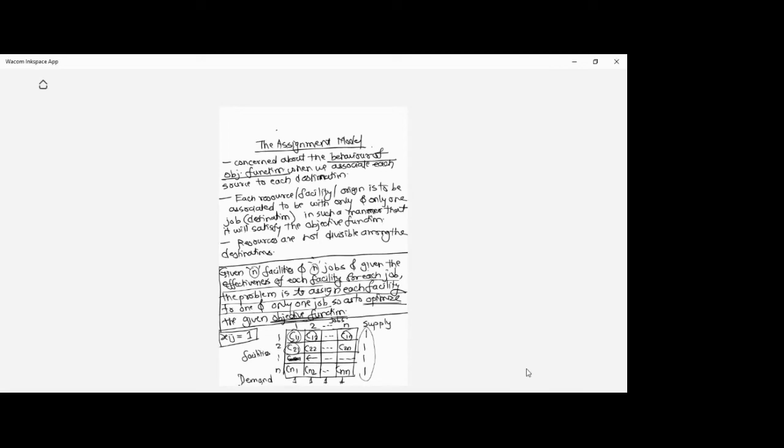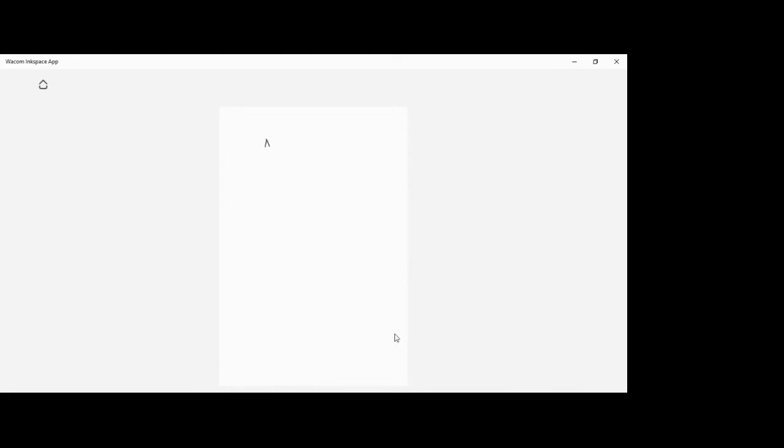Otherwise, the assignment model is conceptually different from the earlier one. In the morning we have seen one matrix, and I'll come back to that point so that there is continuity in this lecture.